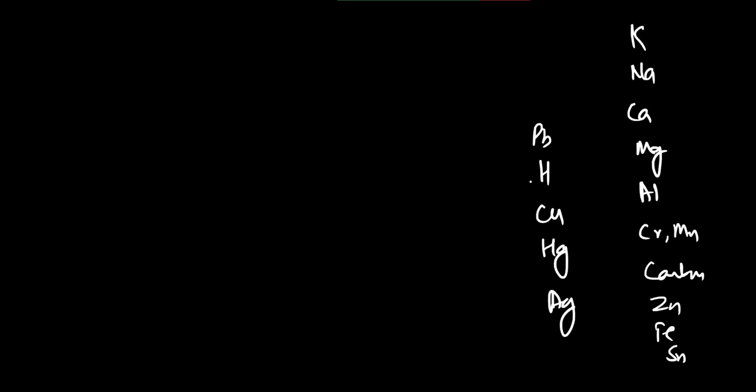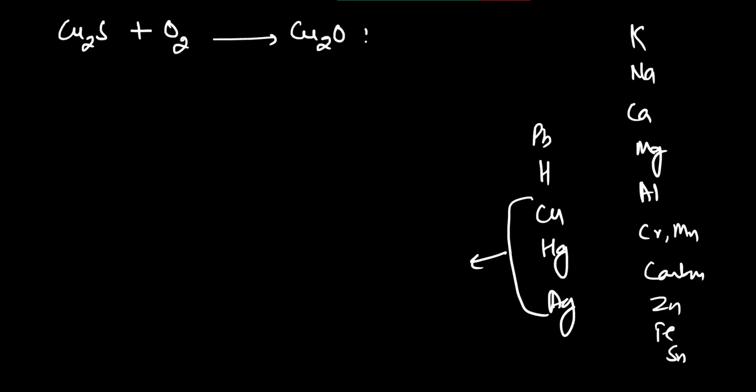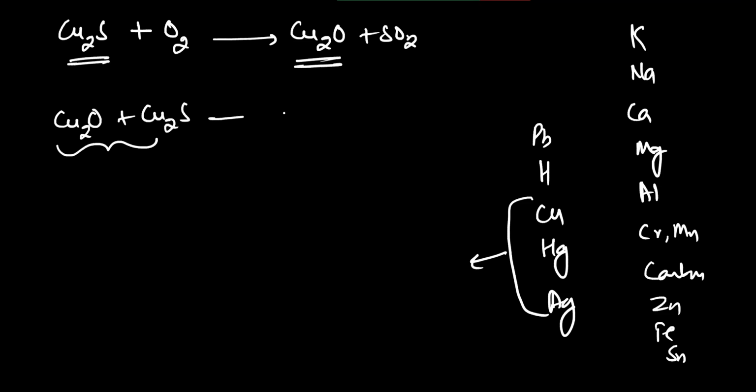If we have Cu2S, then by simple roasting in the presence of oxygen, it first gets converted into Cu2O plus SO2, and this Cu2O again reacts with the remaining Cu2S, and it gives you Cu plus SO2.